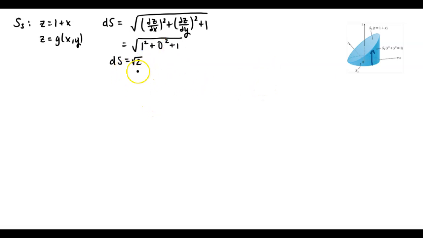And so now that we have this dS, we need to talk about our bounds. Now because this is a function of x and y, we want our bounds to be in terms of x and y, right? Because we wrote this as a function of x and y.